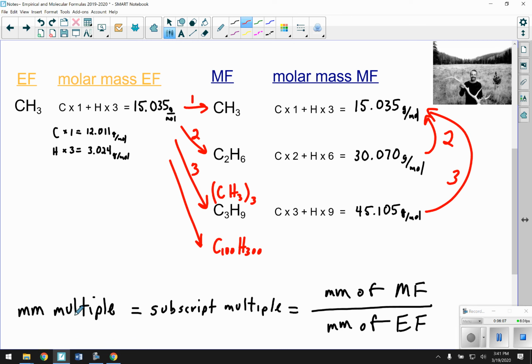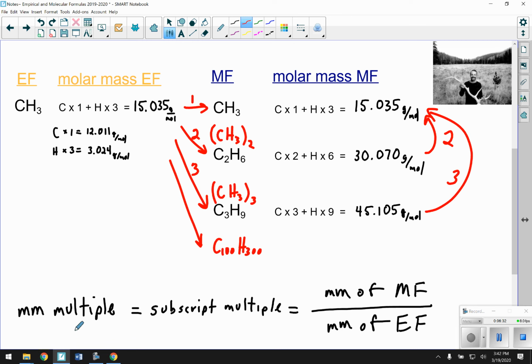It turns out that if we can figure out the multiple of the molar mass, well, that molar mass multiple is also what the subscript multiple would be, as I wrote it here. In this case, it would be CH3. And then I would multiply both of those subscripts by 2 to get C2H6, the molecular formula.